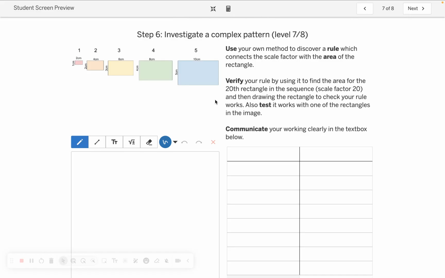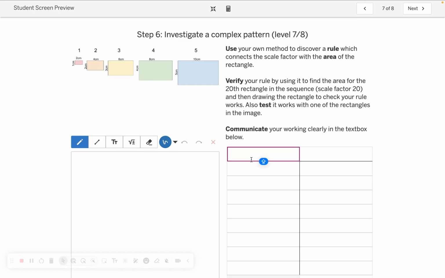Which probably will give you grade 5 to grade 6, if you have done it all correctly. But looking at level 7 and 8, we need to start investigating in a very similar fashion, but as a little more independent task.